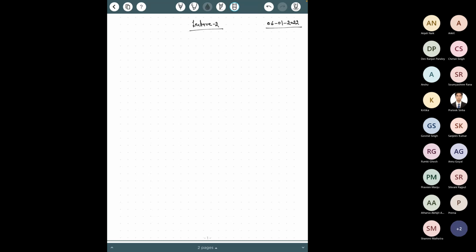What are the entries of this matrix? These entries are nothing but the coordinates when we write the images of the basis vectors of the domain as linear combinations of basis vectors of the codomain, right?